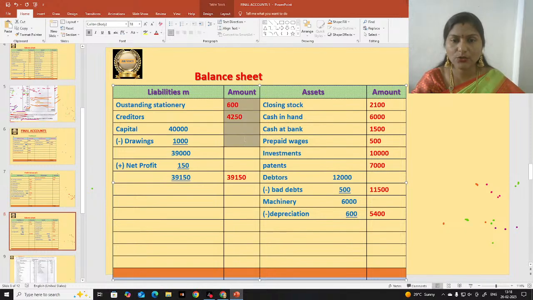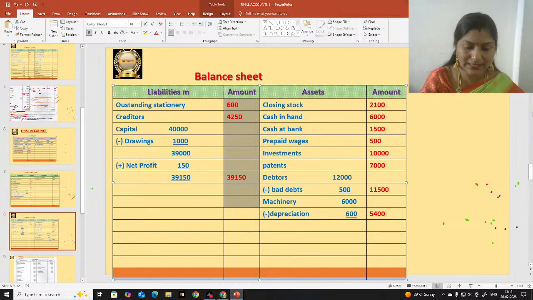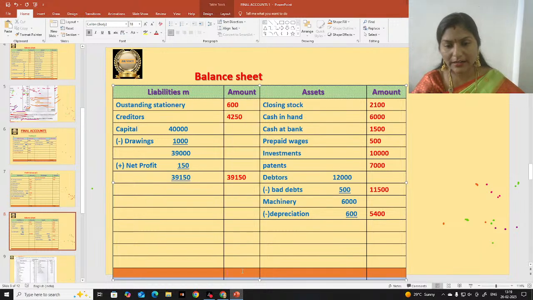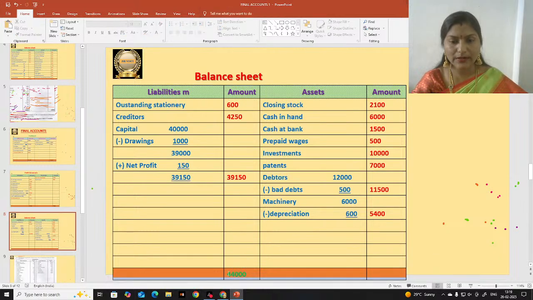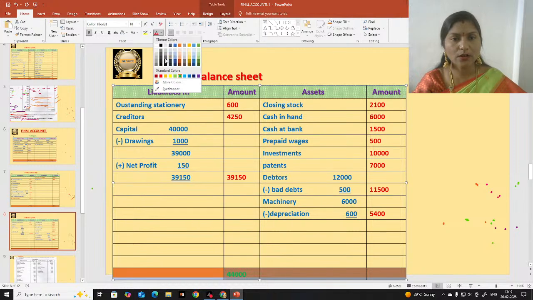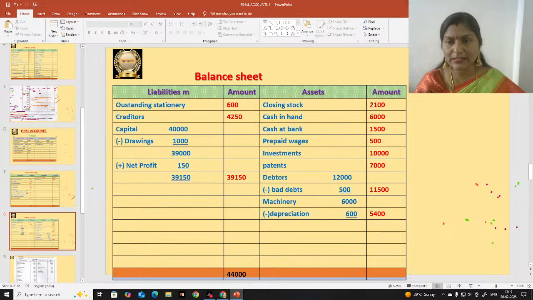Okay, so now we are going to total the balance sheet also. On the liability side only three amounts are there. One is 600, next one is 4,250, next one is 39,150. If we add all this, we are getting 44,000. Record 44,000 in totals. And let us see the total of assets also.